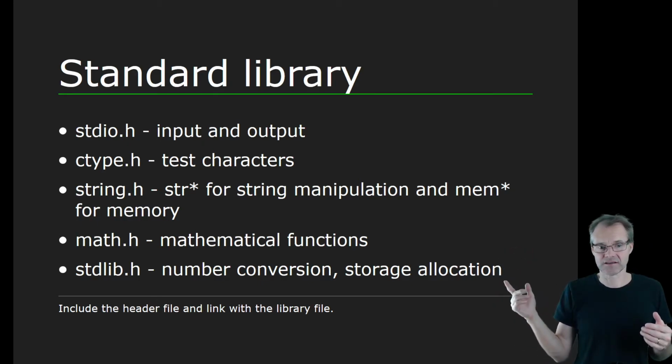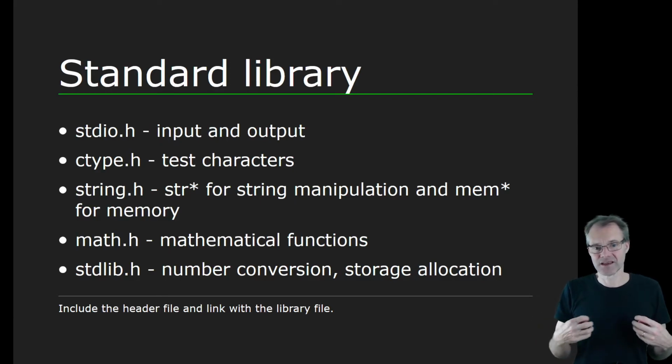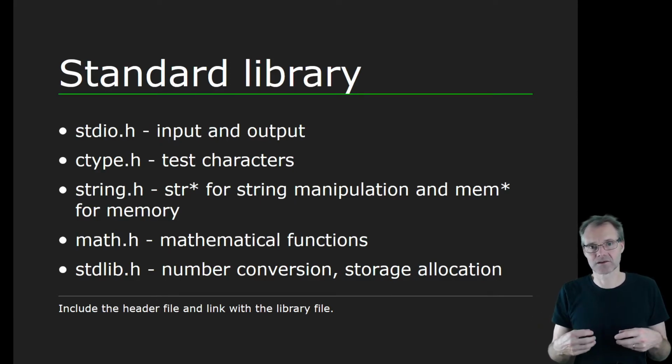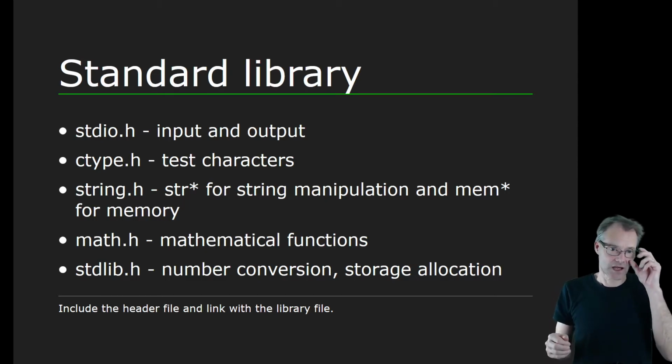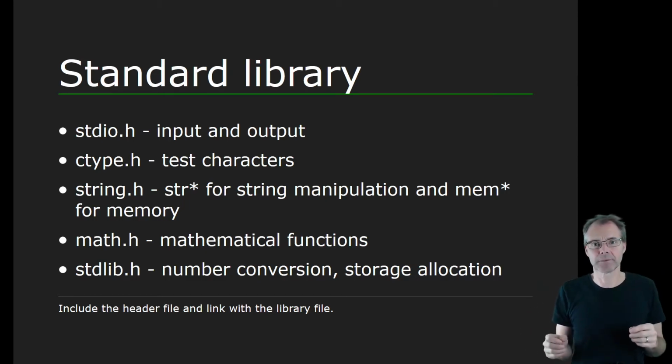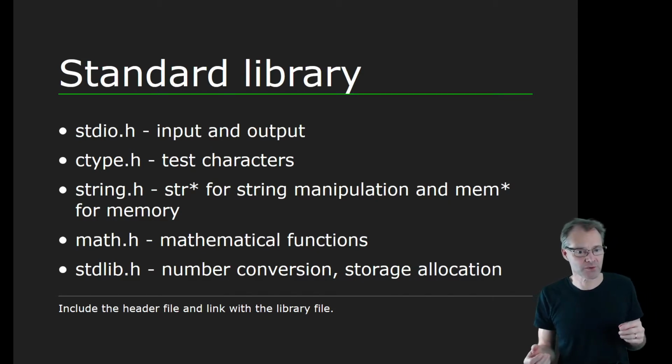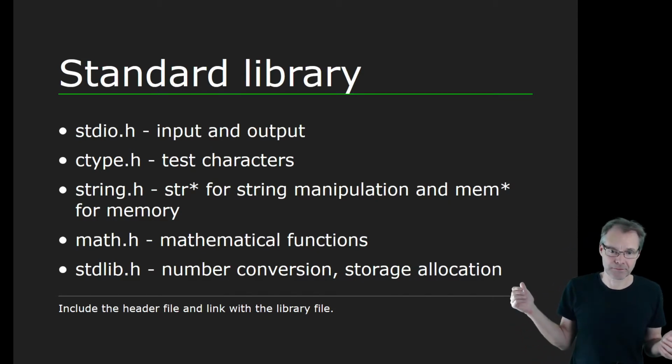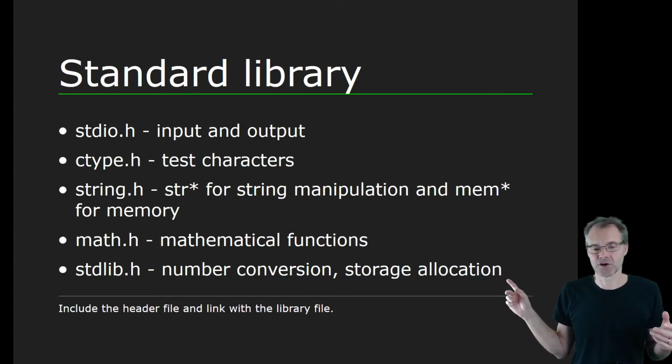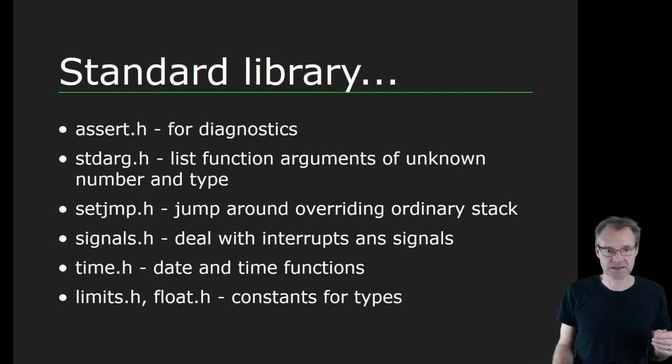We have ctype that helps us test what a character is, what type of characters a variable contains. We have string for string manipulation and memory manipulation. We have mathematical functions. We can convert between numbers and allocate memory areas.